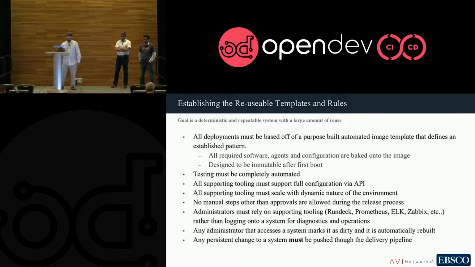So the second part was establishing a set of rules for this environment. And these rules and these assertions were very important in order to kind of maintain the integrity and the architecture of this process. So first thing we did is we defined this purpose-built, fully automated image that was constructed automatically, kind of like a spring-loaded system that had all the agents, everything you need to have a service up and running inside of it.